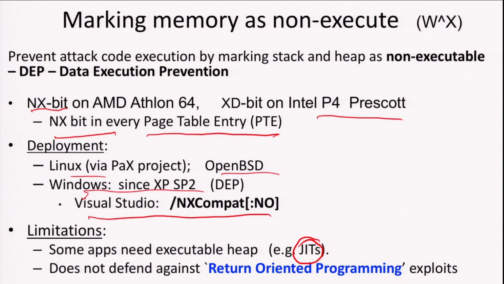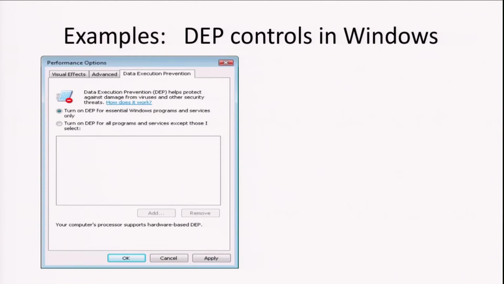Also, there is something called return-oriented programming, which we will look into, that does not require the code to be in the stack or in the heap. It actually only needs the addresses of the code to be on the stack or the heap, and after that the code is in some place in the memory that is not subject to data execution prevention.